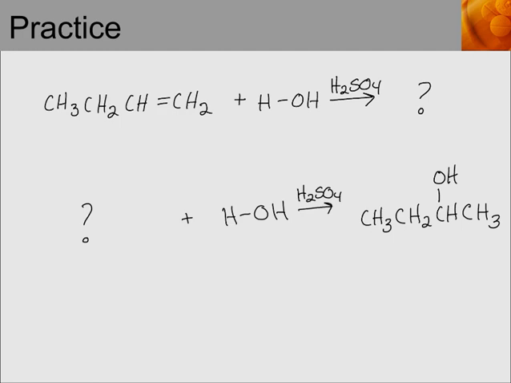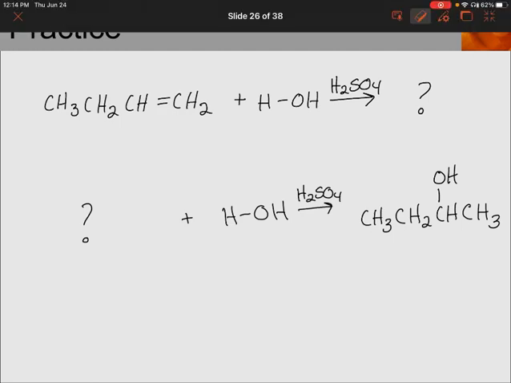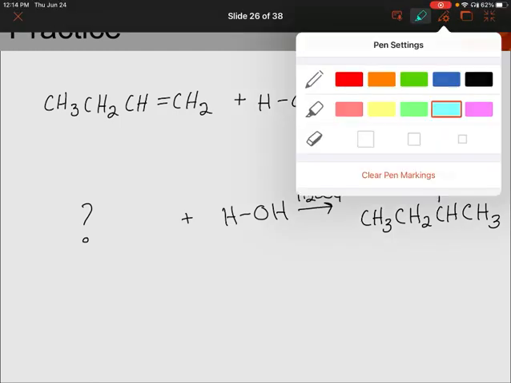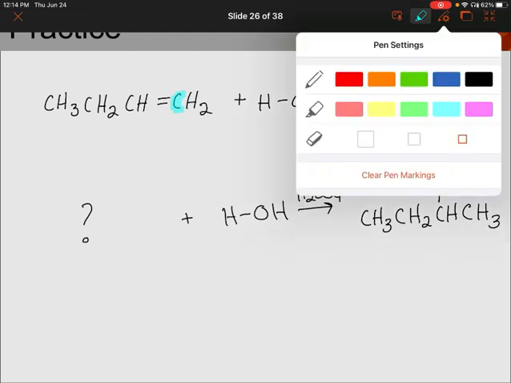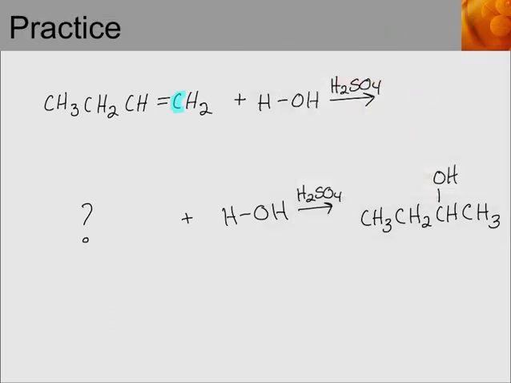All right, let's start with the first problem on the top. So we have an unsymmetrical alkene. So does it matter which side the hydrogen adds to? Yes. Okay, so we want to find the side that has more hydrogen. So would that be the left-hand side or the right-hand side? The right-hand side. Okay, so we know hydrogen will add to the right.